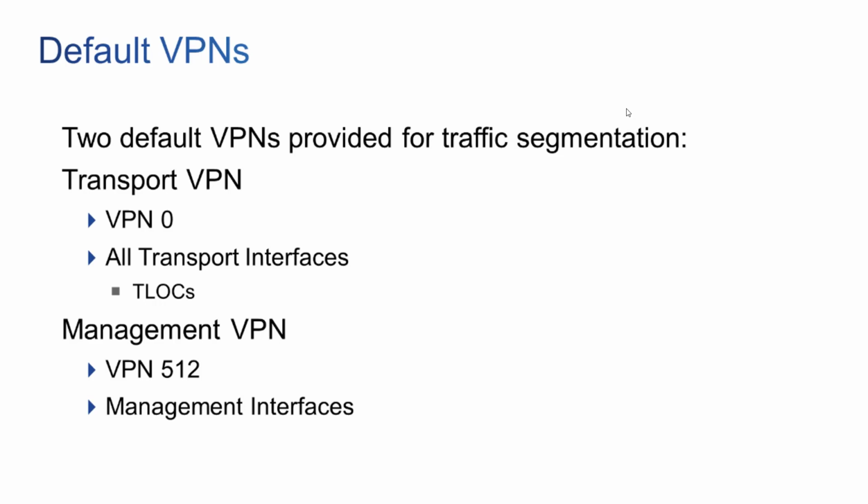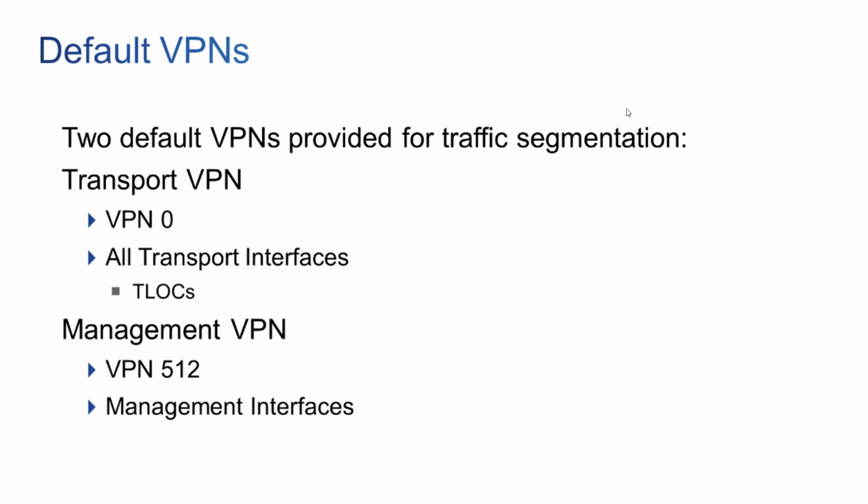VPN 0 actually contains all of the device's information for the management interface, and all the interfaces are disabled by default. So for the control plane to establish itself so the overlay network can function, you have to configure the WAN transport interfaces in VPN 0.